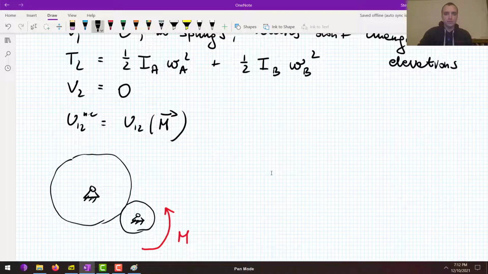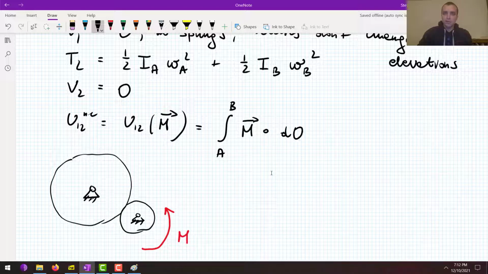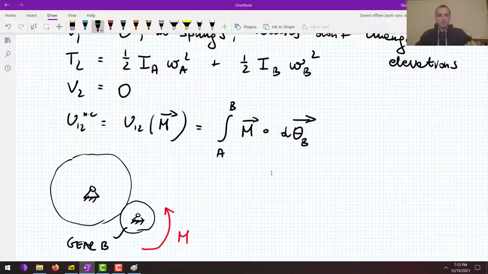Okay, so let's do our integral. We integrate from some point A to B of M times d theta B, because this is our gear B. d theta B is the infinitesimal rotation increment of gear B. And I think that they are aligned.